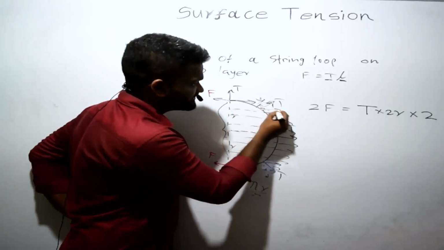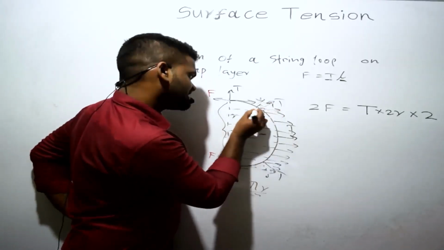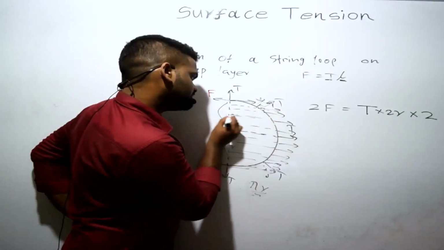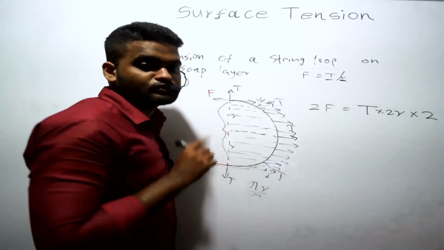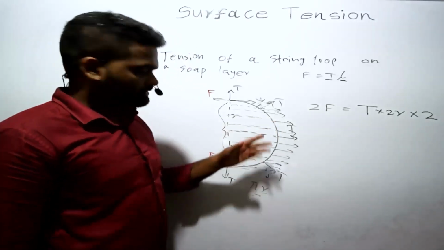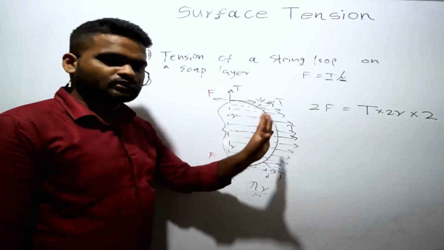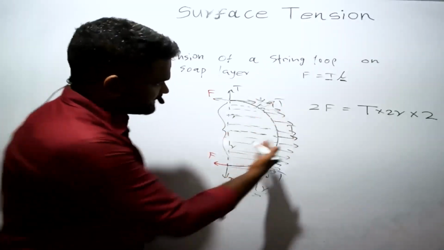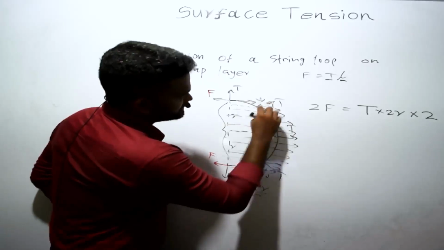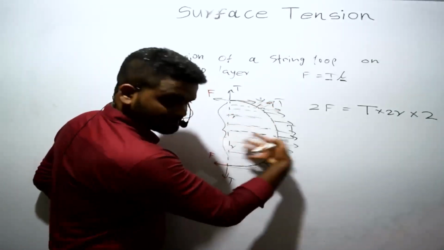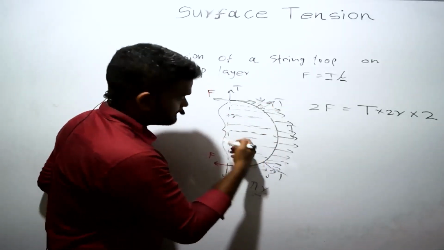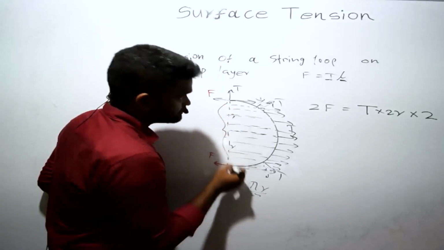You only consider this component, then you project it onto the diameter. You just think you're projecting all these forces onto this diameter. So the diameter is 2r.